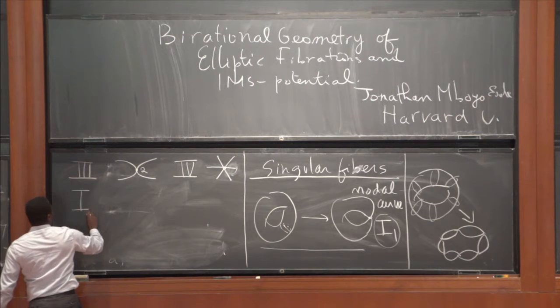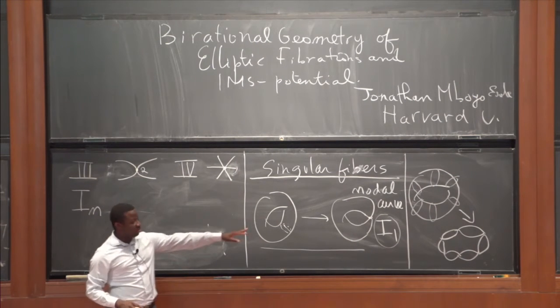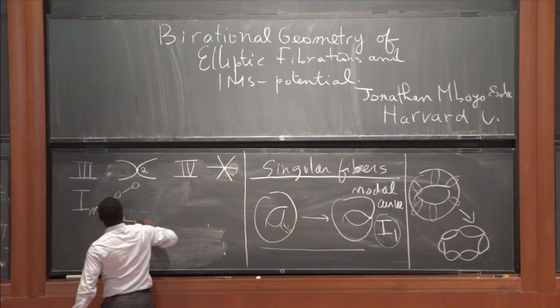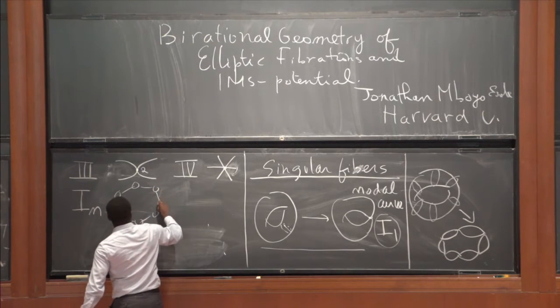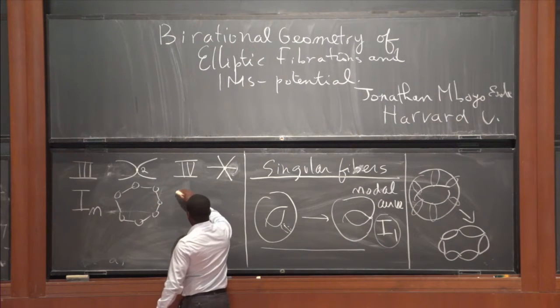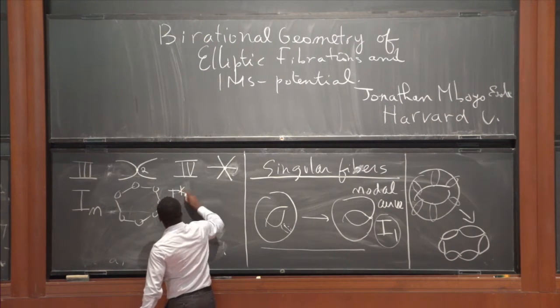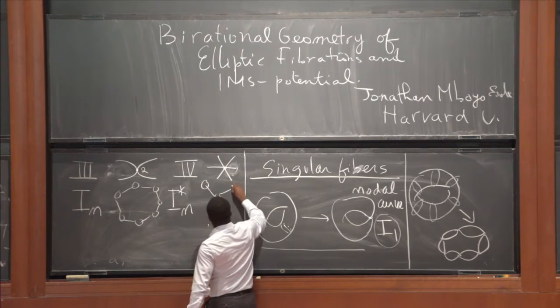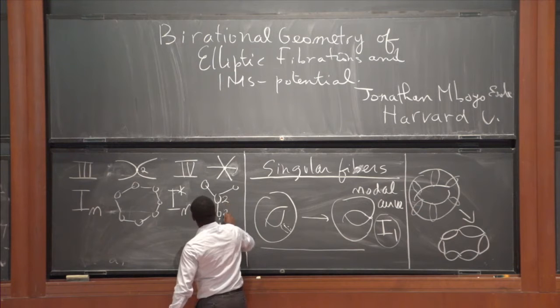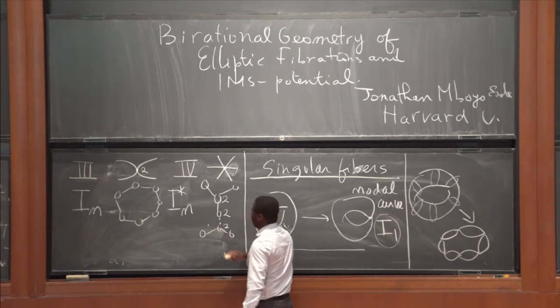So we have type I_n, which is very much the type that I drew here. It's a collection of n curves, and they touch each other along a point. And then you have I star n that has the following structure, where the curves in the middle all have multiplicity 2.